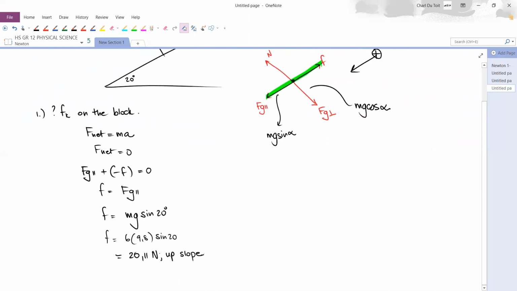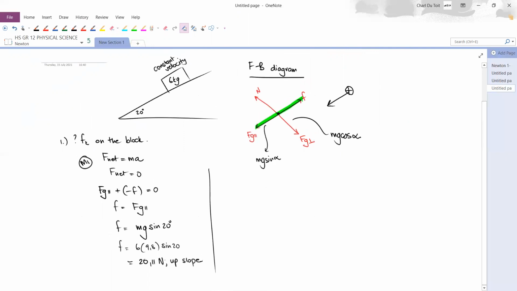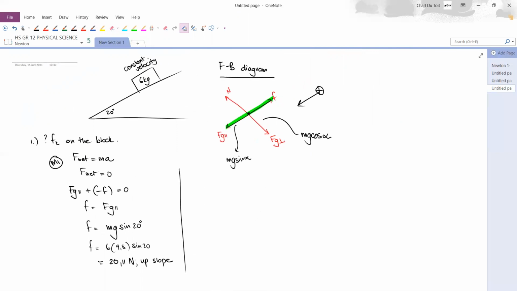Right, that's one way of doing it, and this is the preferred method. I would use that method, but I want to show you something else as well. Tell me when you're ready. Okay. Now, very important.